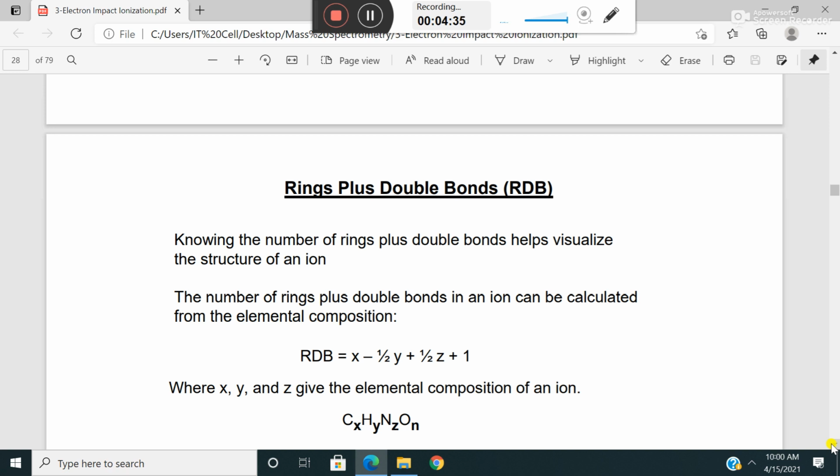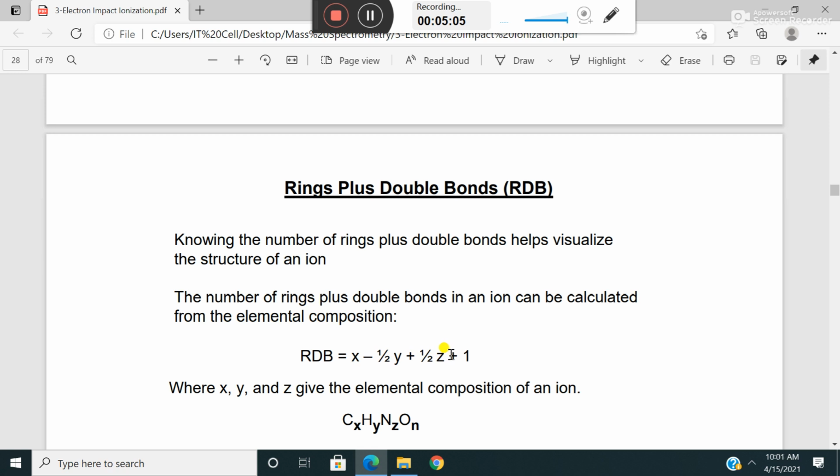We can use this empirical formula that gives information about how many rings or double bonds are possible in our compounds. So here is the general formula: x minus 1/2 y plus 1/2 z plus 1. What is this y? x is the carbon, y is hydrogen, and z is nitrogen.